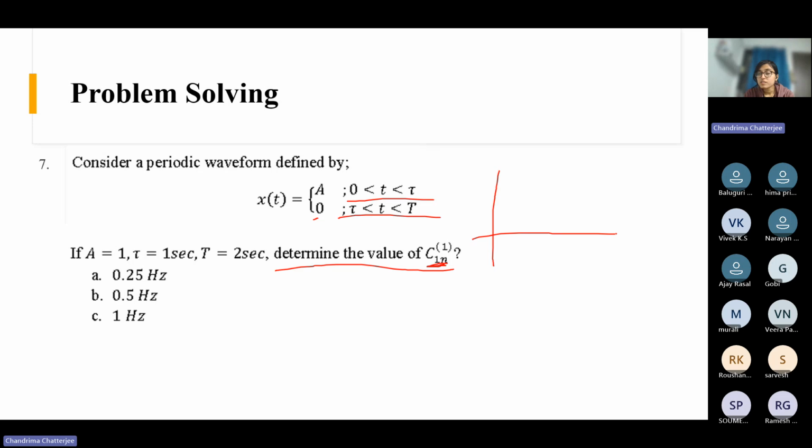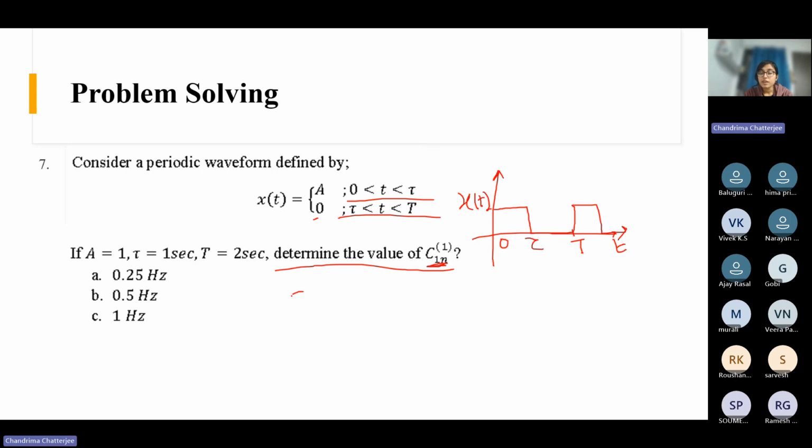The waveform is very simple. You have a pulse waveform. From 0 to tau, it is A, and for the rest of the period, it is 0. This is x(t). And this continues.